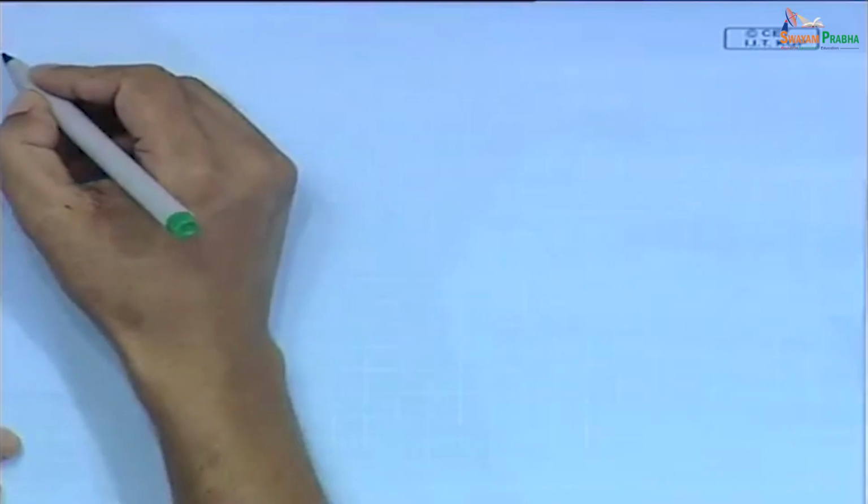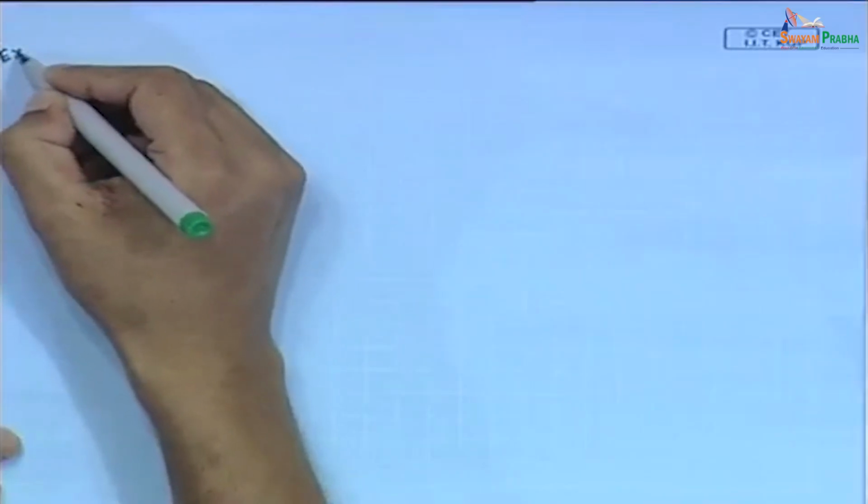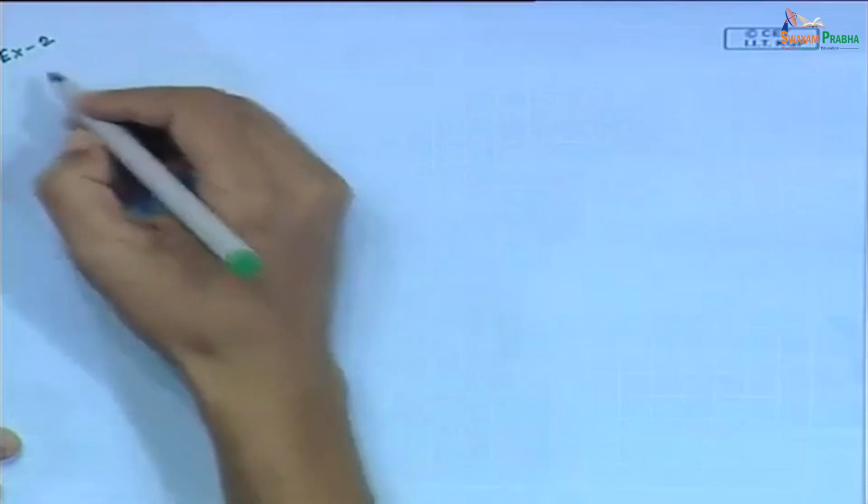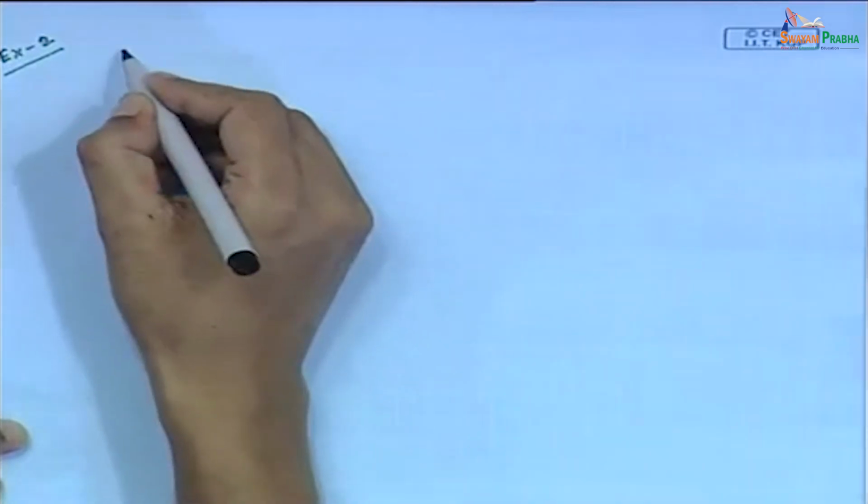Next, we will consider another example, that is pure capacity system. This is example 2. We will produce the Bode plot for pure capacity system.